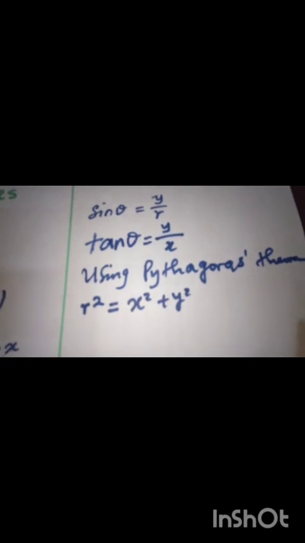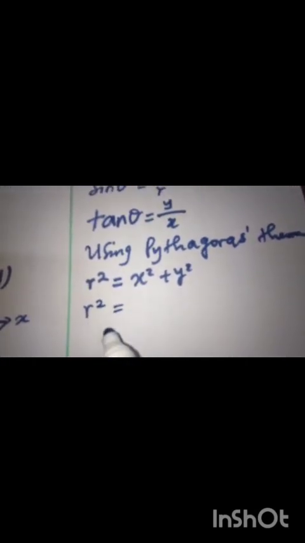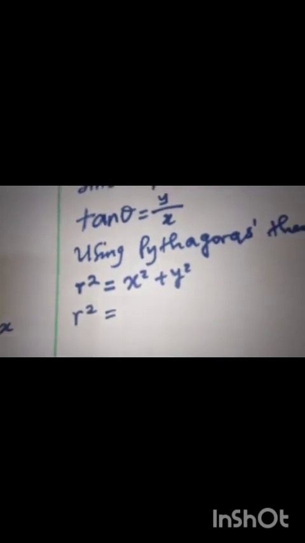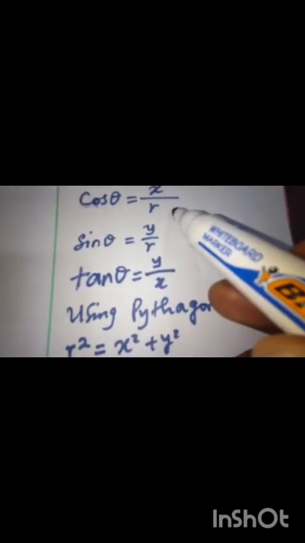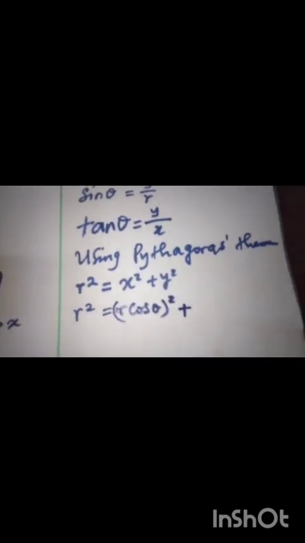Now, cos theta is x over r, which implies x is r cos theta, so we have r cos theta, all that squared.